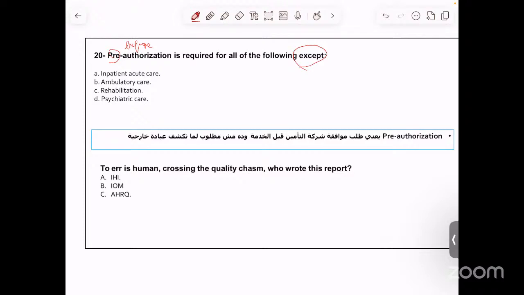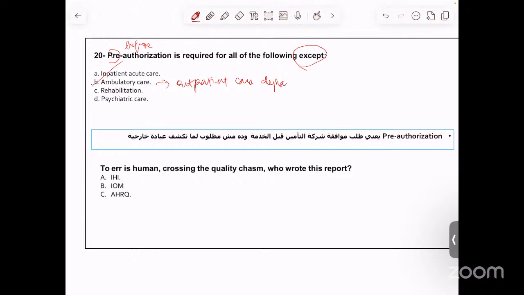Okay, so which one here is not requiring a pre-authorization? When we say it is inpatient acute care, no, the answer is ambulatory care, which is the outpatient care department.